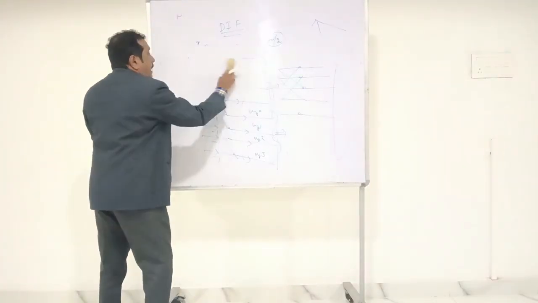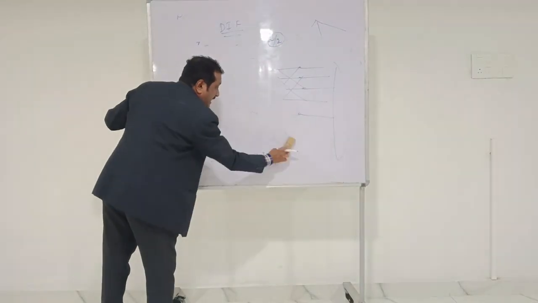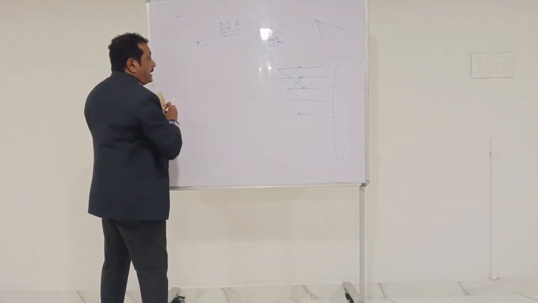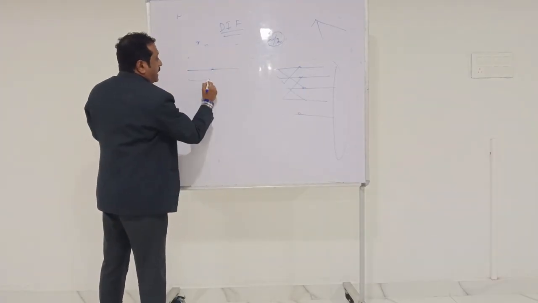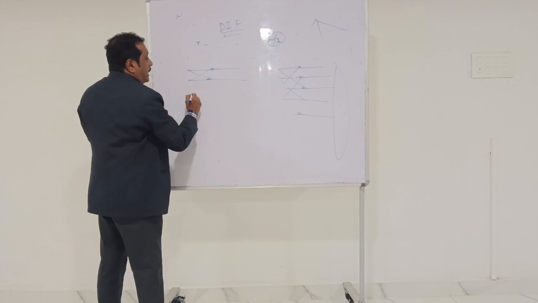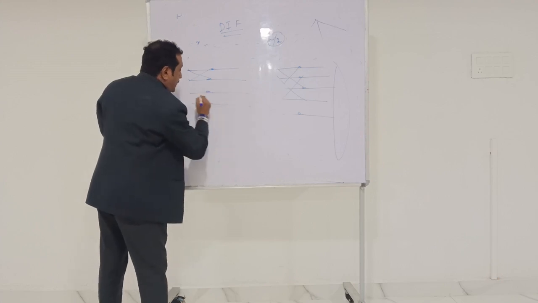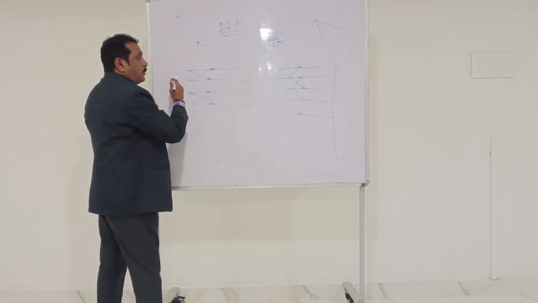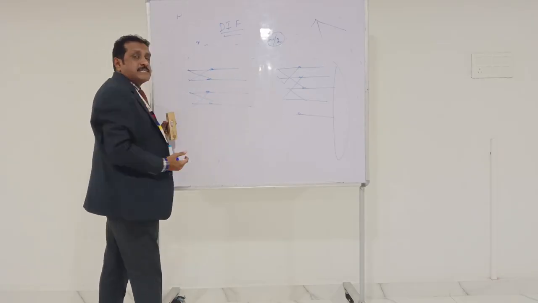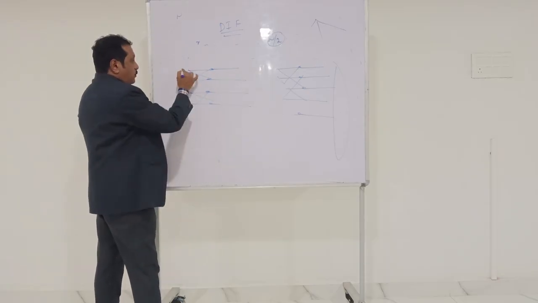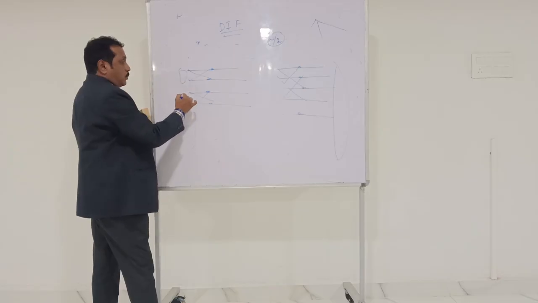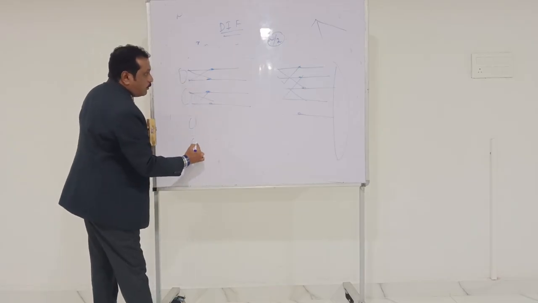In stage 3 we have 4 2-point DIF graphs. The same way we can draw the 4 2-point DIF graphs, and each input you get from the previous stage, the second stage. So the first 2 will become an input to the first 2 point, then the second, third and fourth.